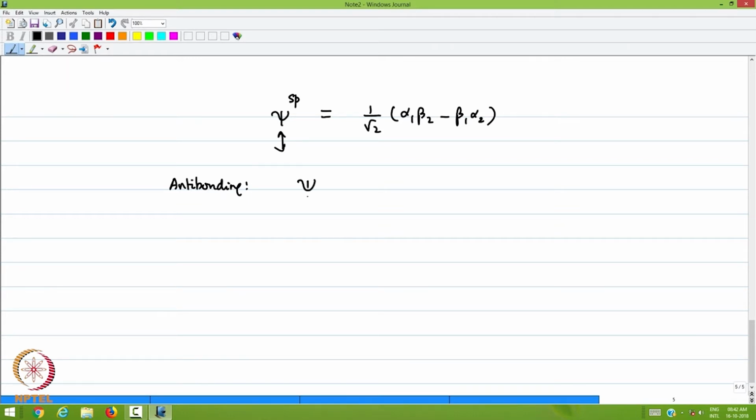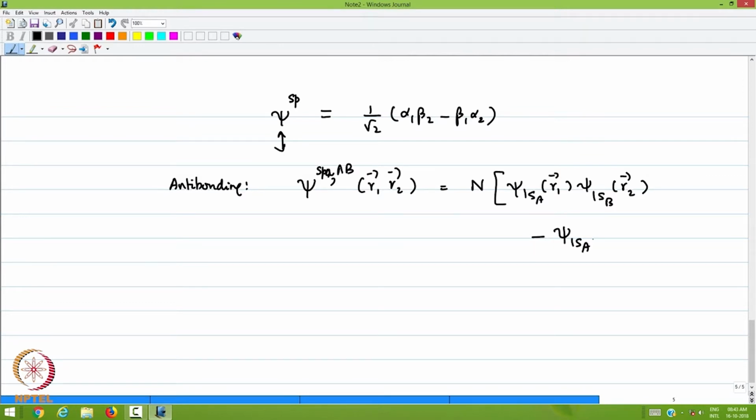On the other hand, if you have, for example, the anti-bonding case for the hydrogen molecule, psi spatial SPA anti-bonding of R1 R2, one can start also with the valence bond wave function psi 1s A R1, psi 1s B R2 minus psi 1s A R2 psi 1s B R1.